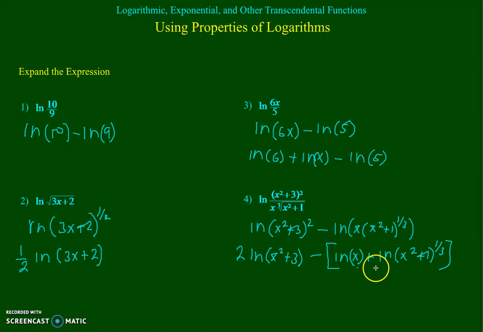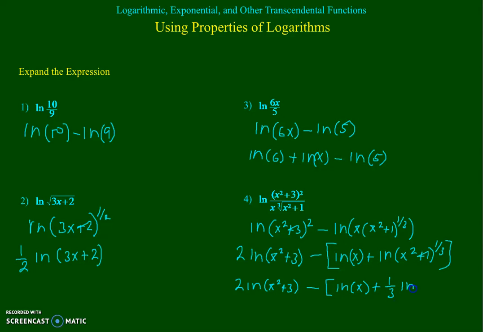And then in the next line, we're going to expand this guy. So we're just going to copy this thing down. Now here, we're going to pull out the 1/3.